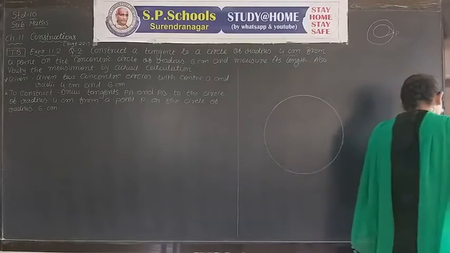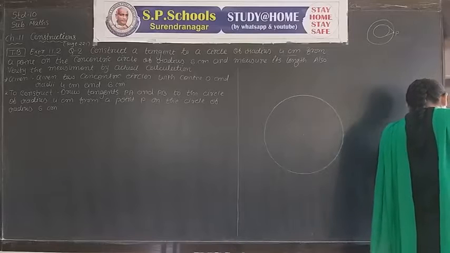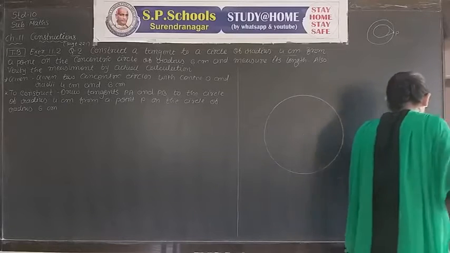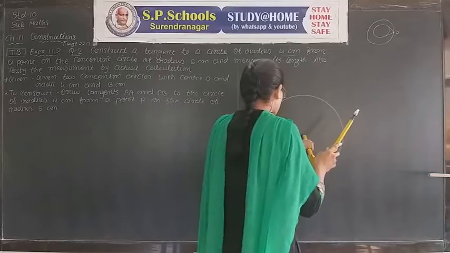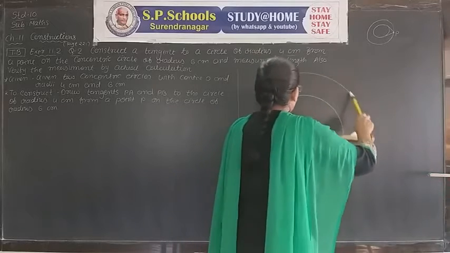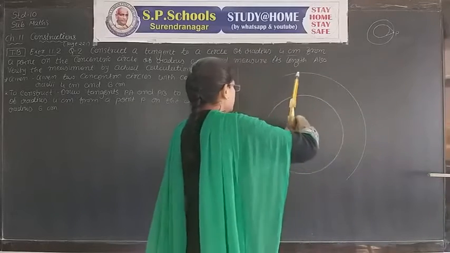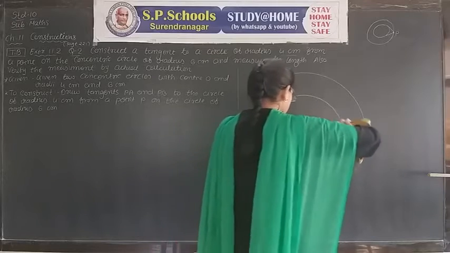Again we measure 6 cm, and taking O as the center, draw another circle of radius 6 cm.